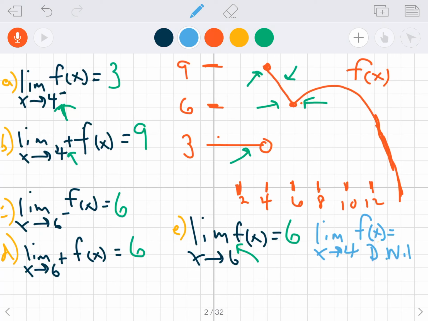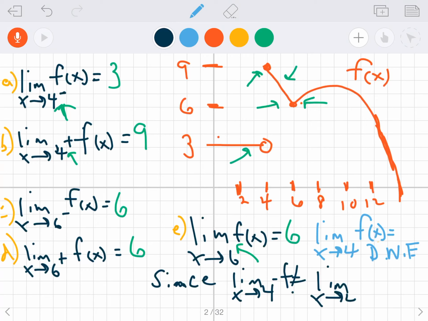And why? How would we justify that? We would say that since the limit as you approach 4 from the left does not equal the limit as you approach 4 from the right.